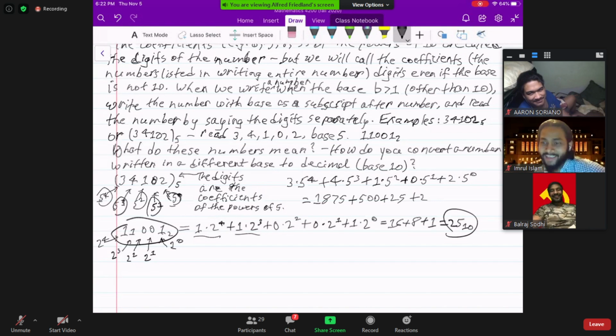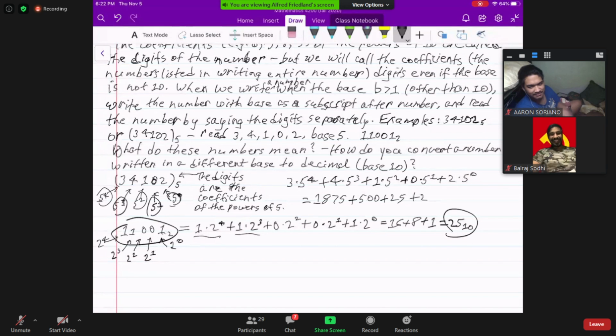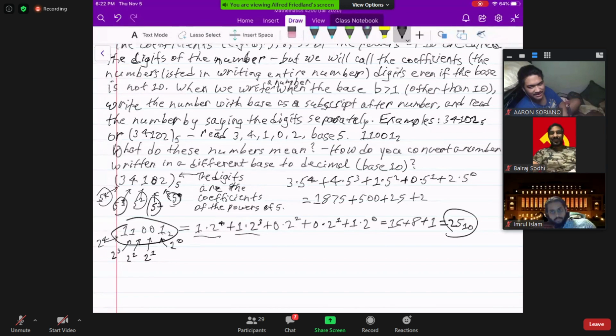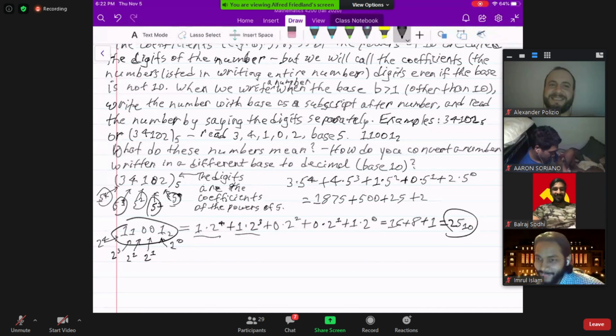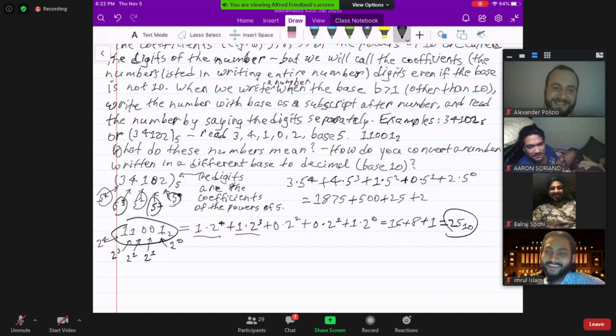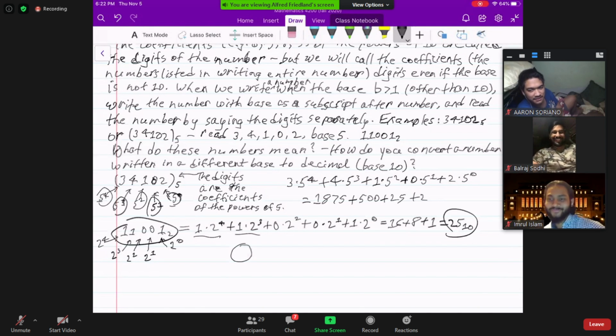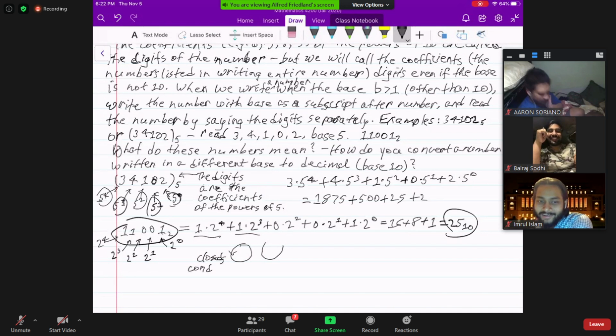Computers can handle the greater number of digits, and base 2 does make it simpler in terms of circuits being closed or open. A closed circuit means electricity goes through, and an open circuit means it doesn't go through. If you have a closed circuit, the electricity can go through, and that would conduct electricity.